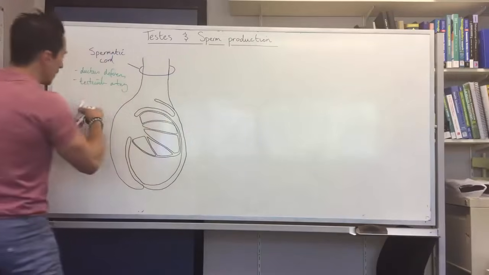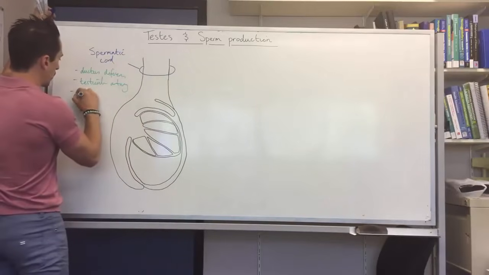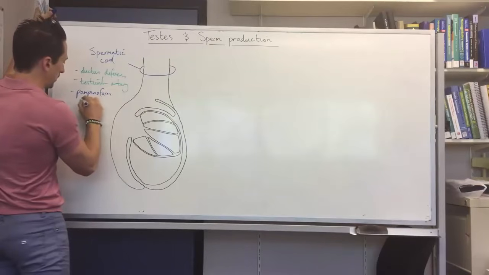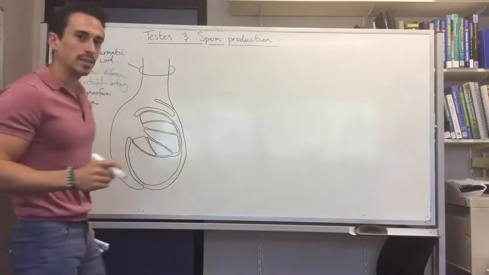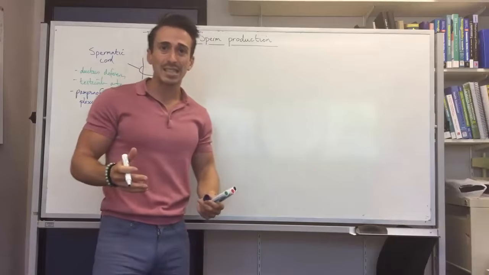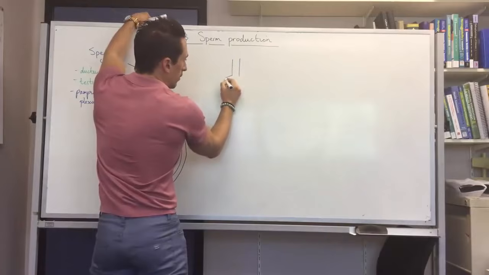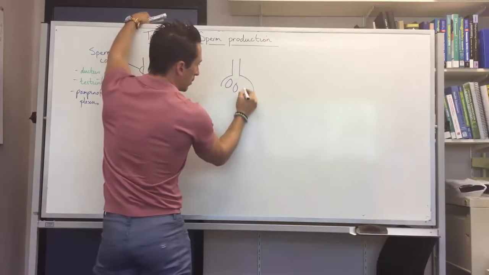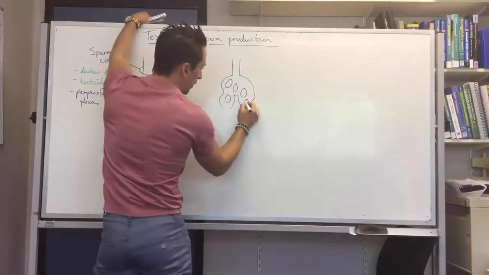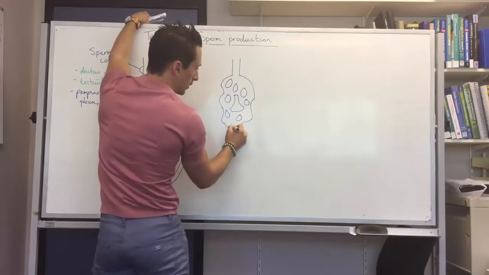Now, it's not called the testicular vein per se, but it's called the pampiniform plexus. So remember I said plexus is like a braiding. Remember you've got the various spinal nerve plexuses, and it's sort of going to come out like this, and then it's going to look a little bit like that, and then come back.